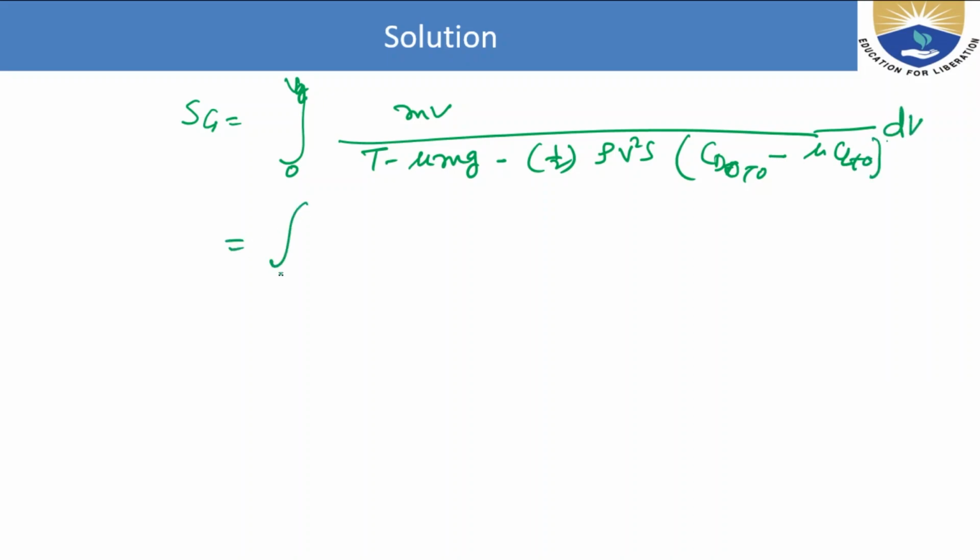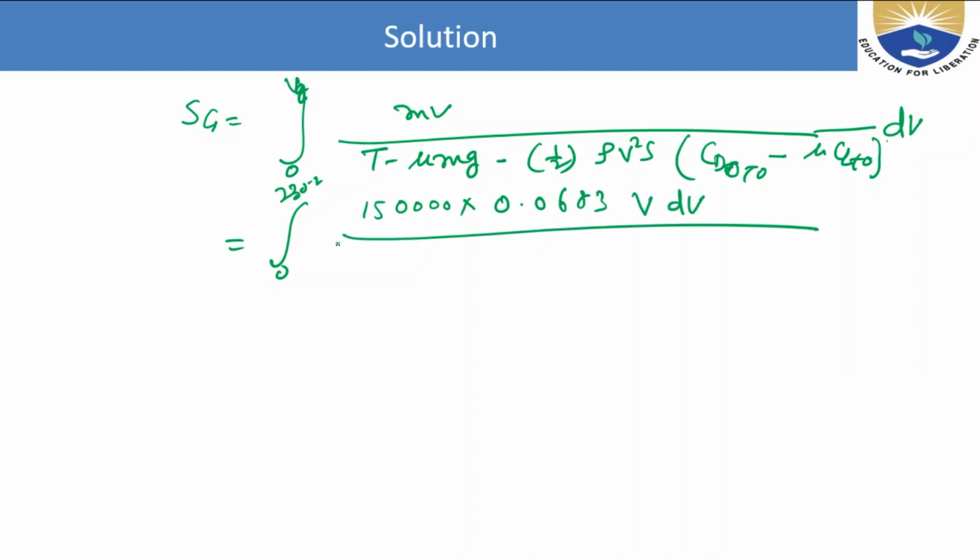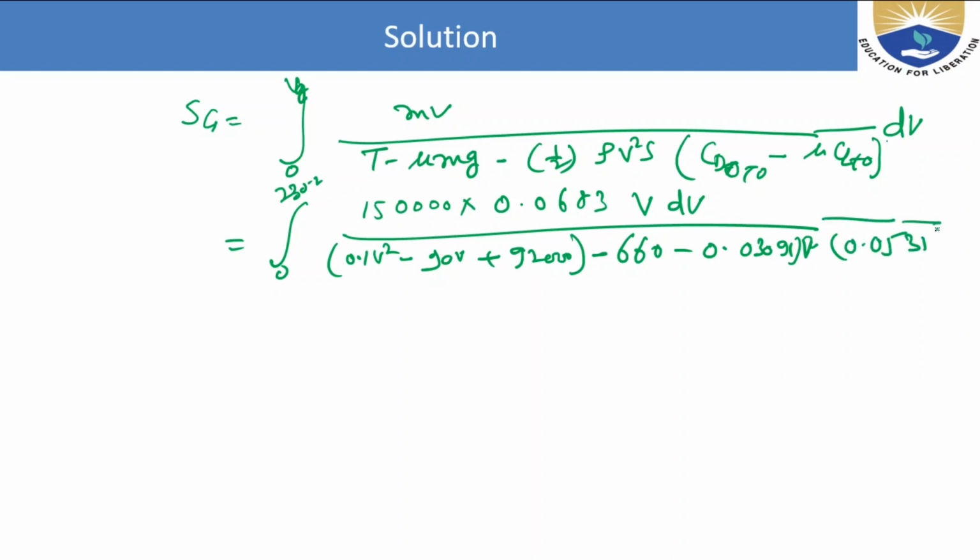So now we put 0 to 230.2, 150,000 into 0.0683 V dV, divided by 0.1 V square minus 90 V plus 9,200 minus 660 minus 0.03091 V square times 0.05316.